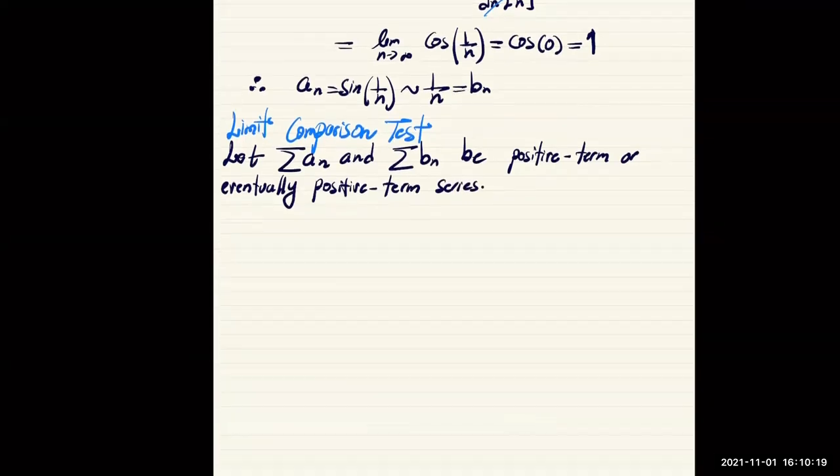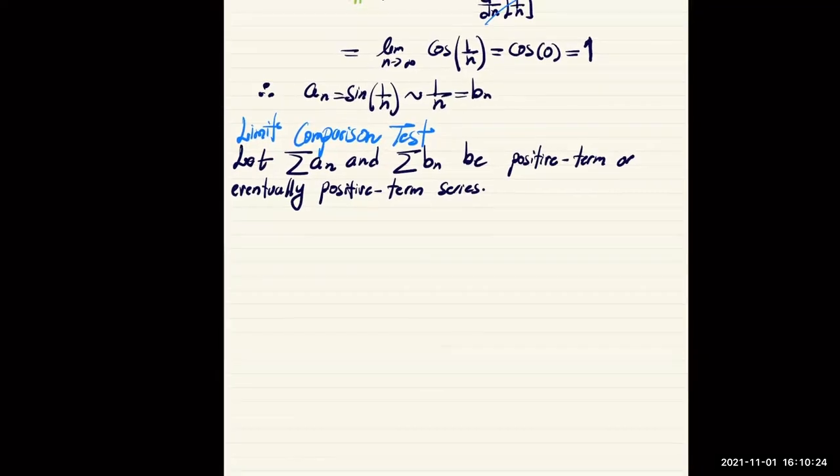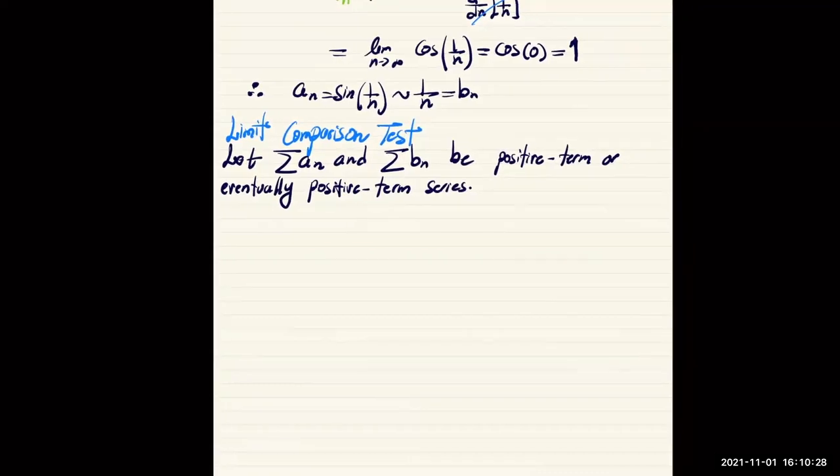Okay, and the statement says that, number one, if the limit as n goes to infinity of a sub n over b sub n is equal to 1. There are three cases for the limit comparison.